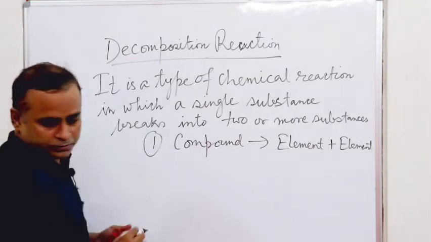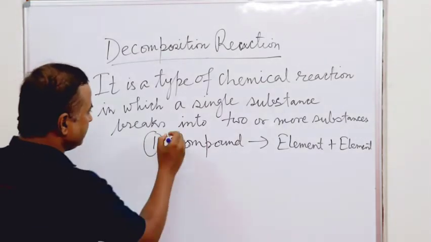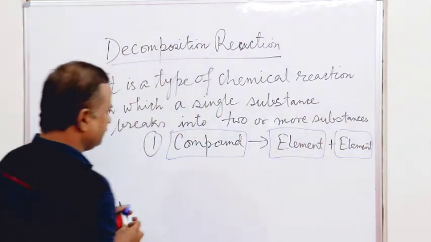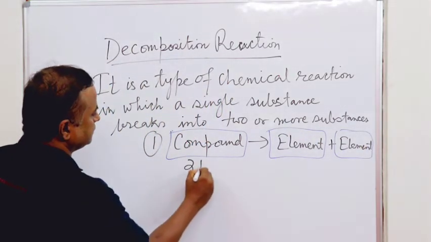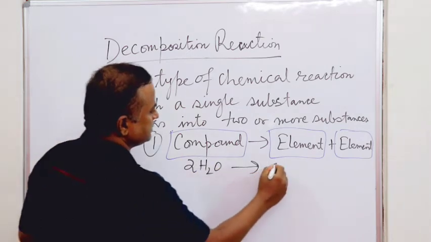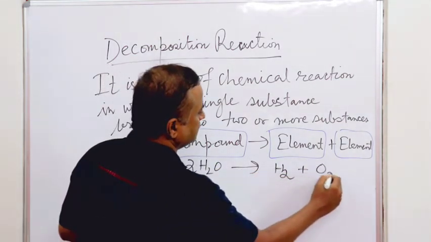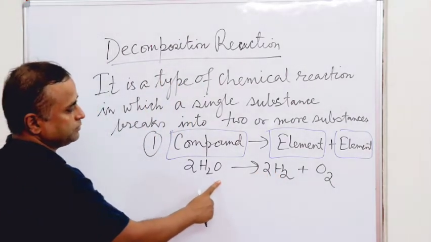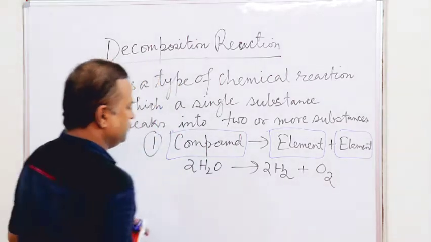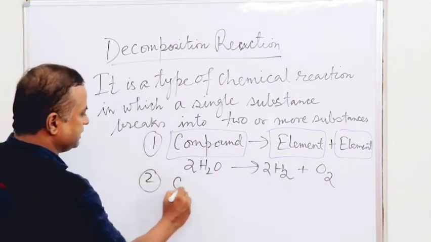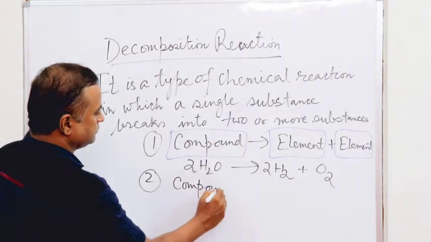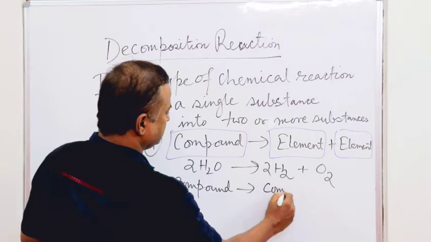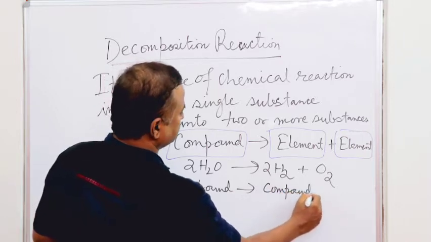So let's see one example. I have the blue pen here. For example, if you take water, simplest example to remember, you can see here, this is one single compound, H2O. One compound breaks into two elements, H2 plus O2. Second possibility is that a compound breaks into compound plus compound.